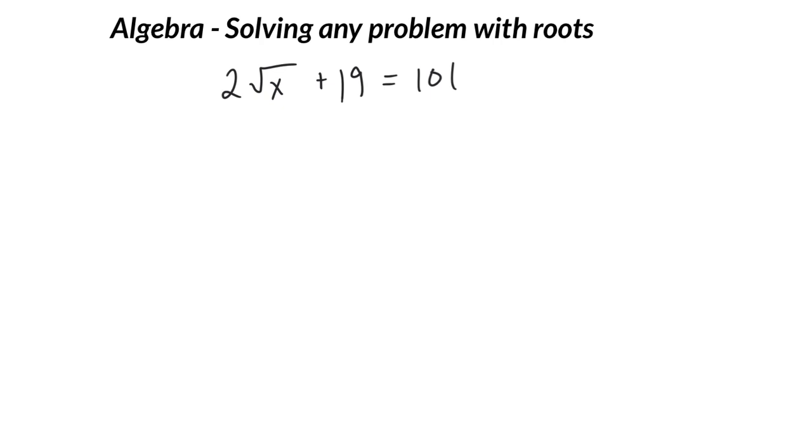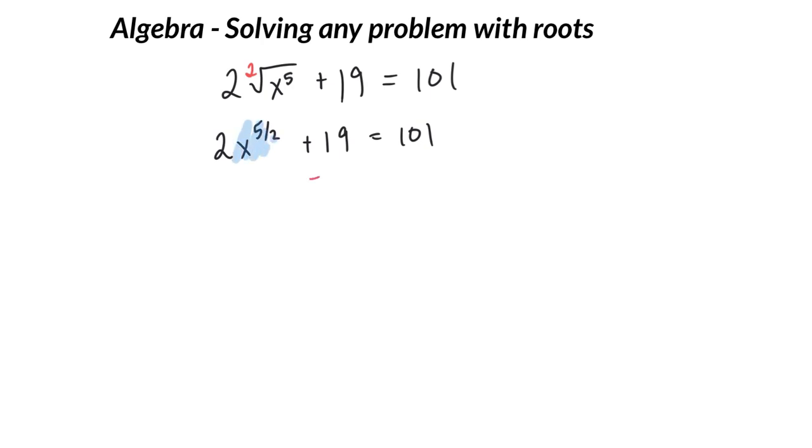Now, in the previous example, I said if there's no power written, we assume it's 1. If there's no root written, we assume it's the square root. So let's just rewrite this problem with a fractional exponent. And now we will, once again, isolate our x part.